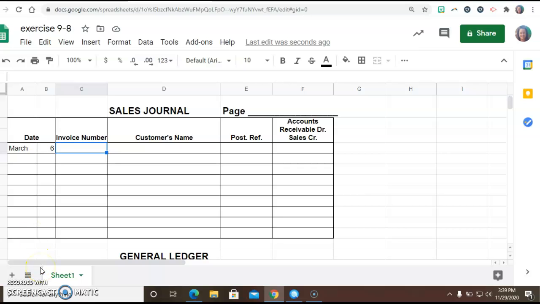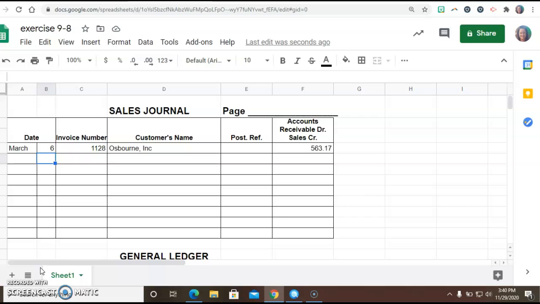So invoice number 1128, our customer's name is Osborne Incorporated. Okay, for right now, we're not going to do anything with our post reference because we're not actually posting these quite yet. And then our amount is $563.17. So really quite simple.